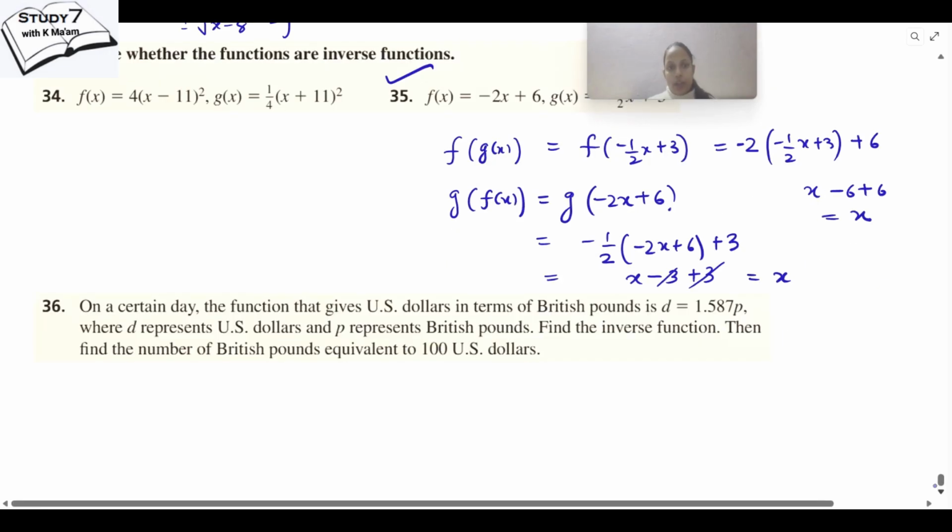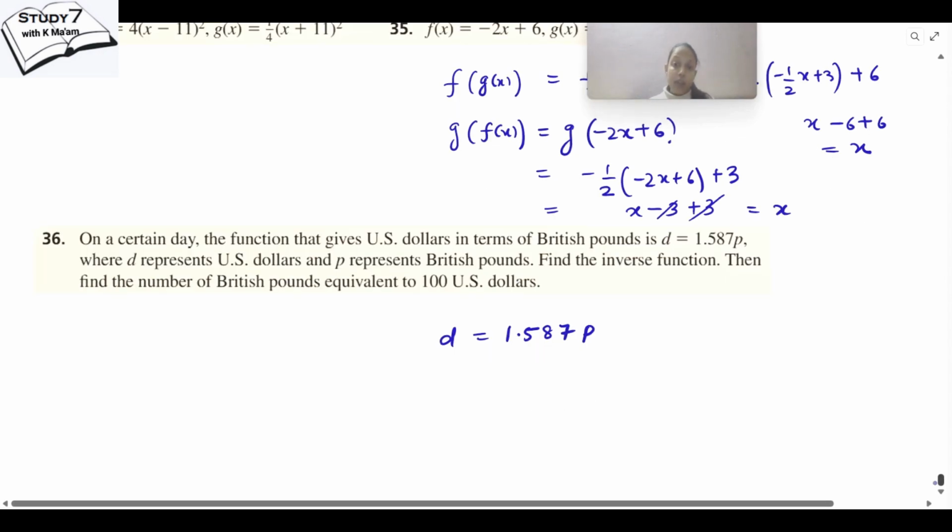The last question we have: on a certain day, the function that gives the US dollar in terms of the British pound is D equals 1.587 P, where D represents the US dollar, P represents the British pound. Find the inverse function. So D is 1.587 P. I want a P value basically. P is equal to D over 1.587.